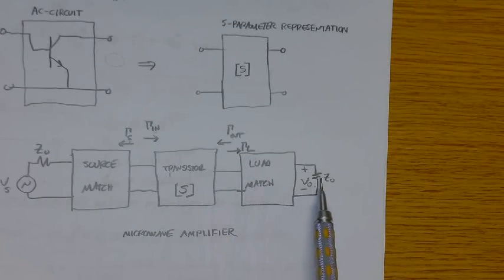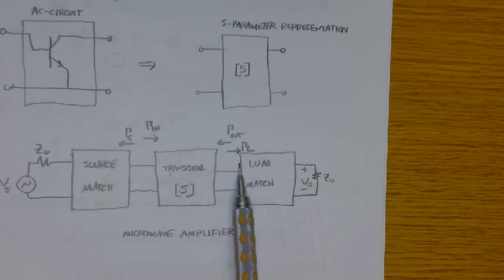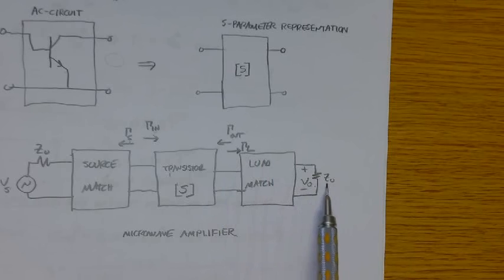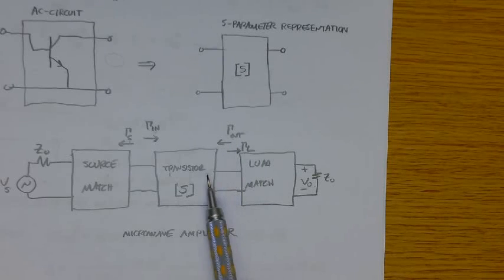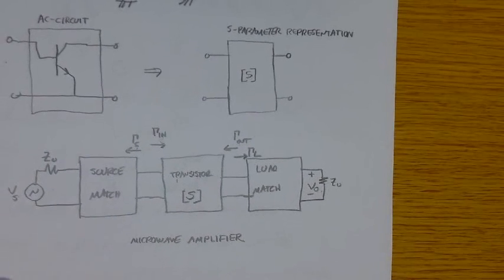Similarly here, we need to design the load matching network so that looking into it, starting at the origin, Z naught of the Smith chart, we can eventually make this matching network give us a load reflection coefficient that's the conjugate of the reflection coefficient looking into the transistor. So that's how you design these things.